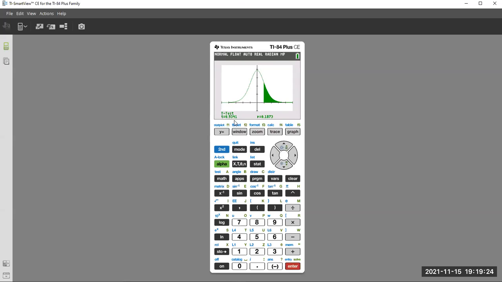There's my test statistic, 0.9341. So that value there, 0.9341, is the test statistic. The area here is 0.1873, 3 significant digits. There we go.